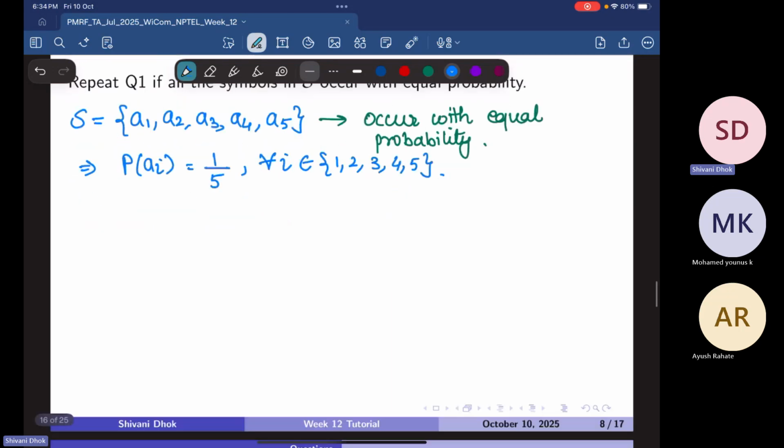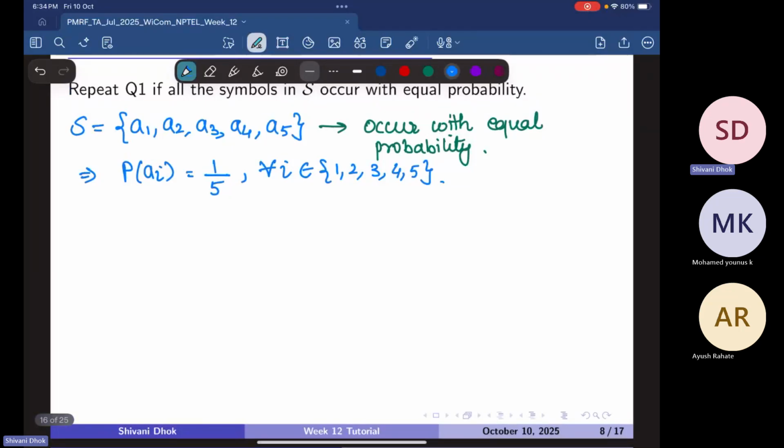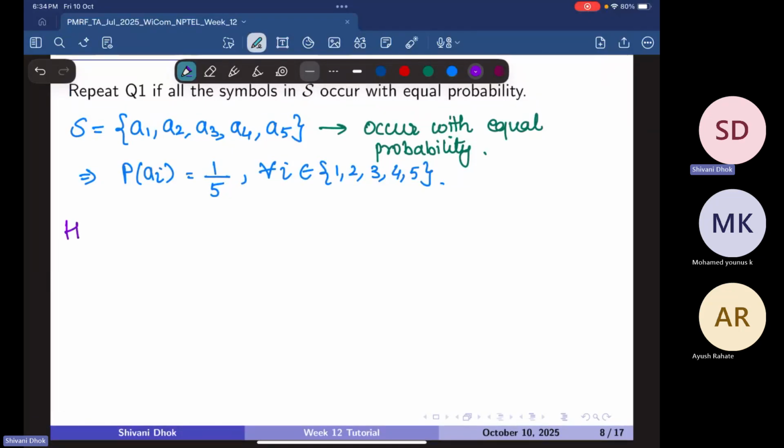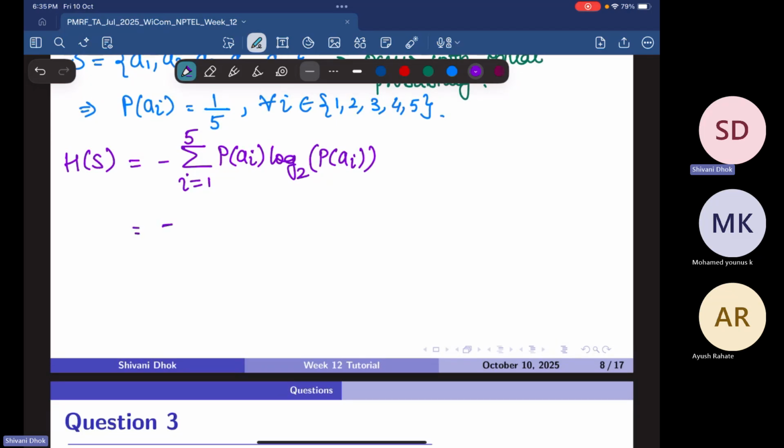Okay. So now what we need to find out is H of S, which is nothing but minus the summation from i equal to 1 to 5 of probability of Ai into log of probability of Ai to the base 2. Then the probability of Ai is 1 over 5. So this comes out to be minus the summation from i equal to 1 to 5 of 1 over 5 into log to the base 2 of 1 by 5.